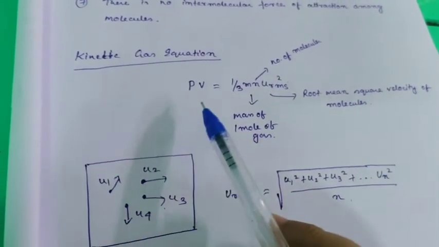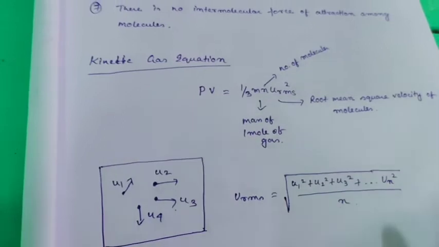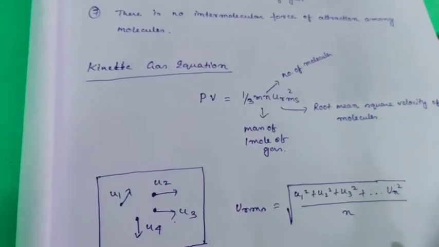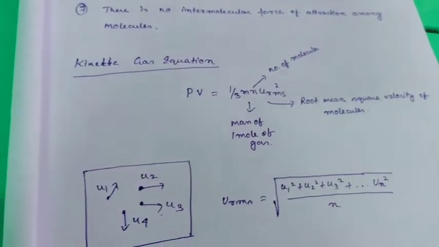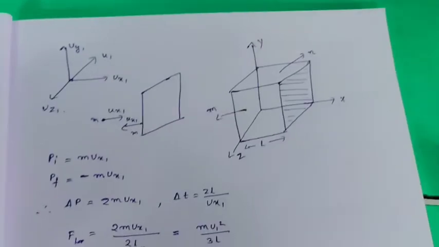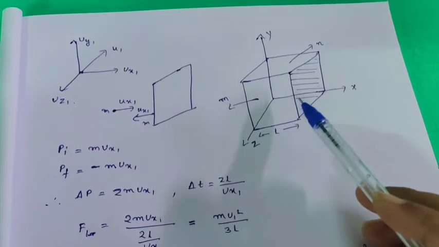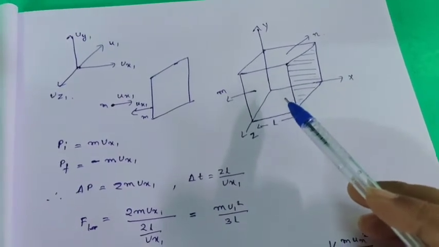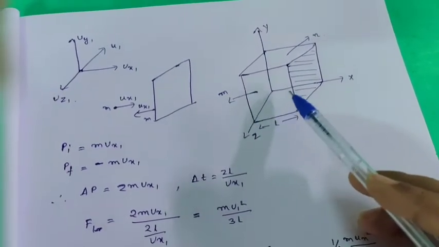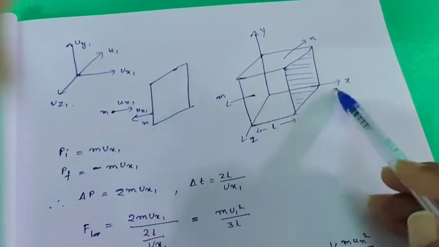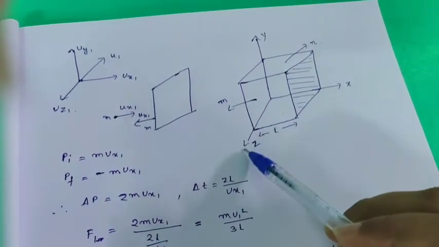Now we will derive this equation PV equal to 1 by 3 mn u_rms square. For the derivation, we consider a cube with x axis, y axis and z axis.